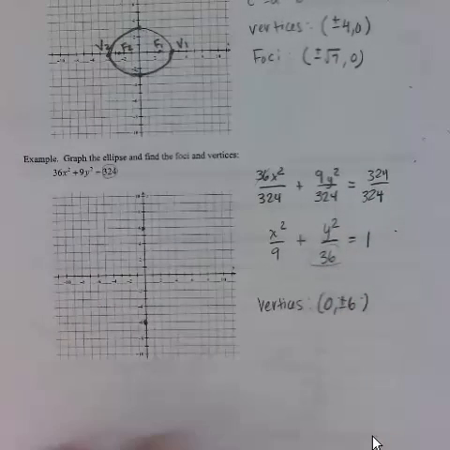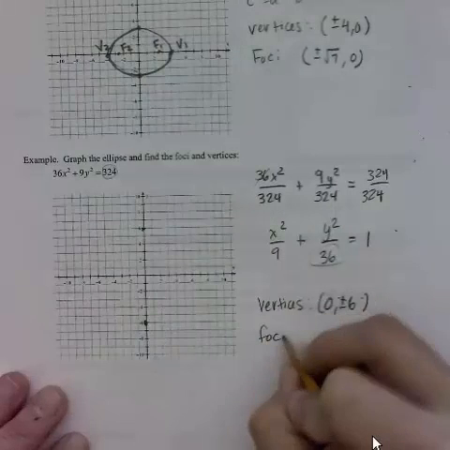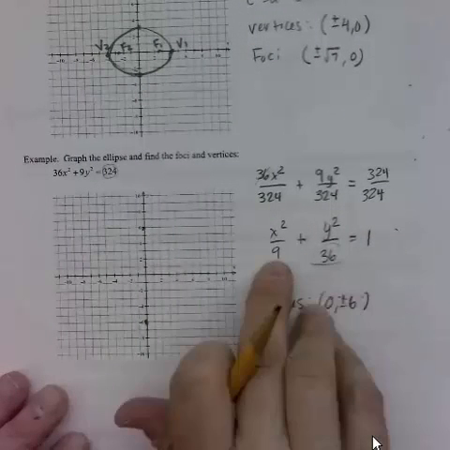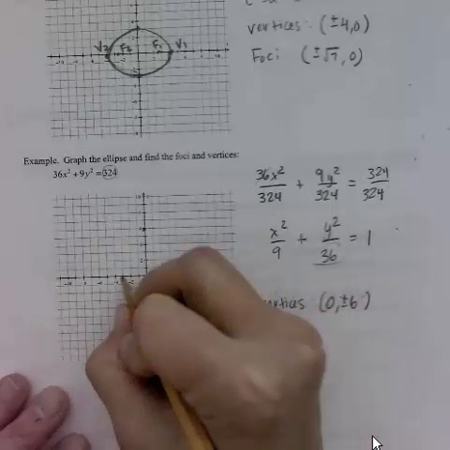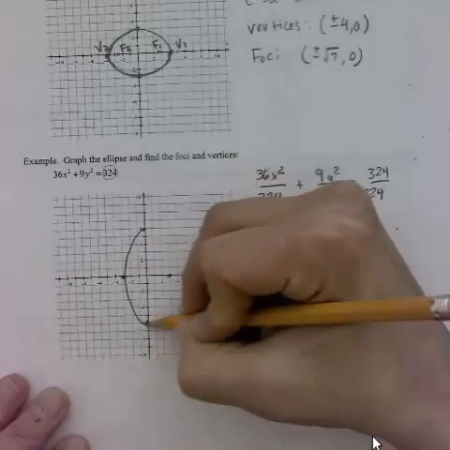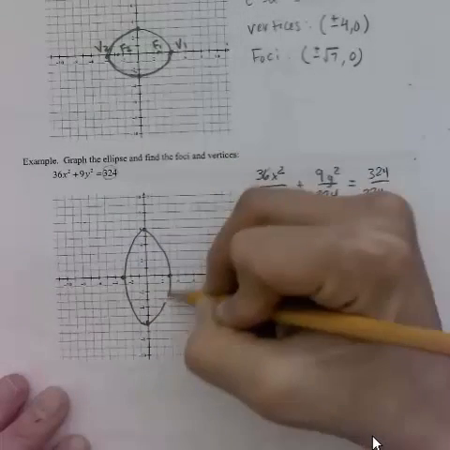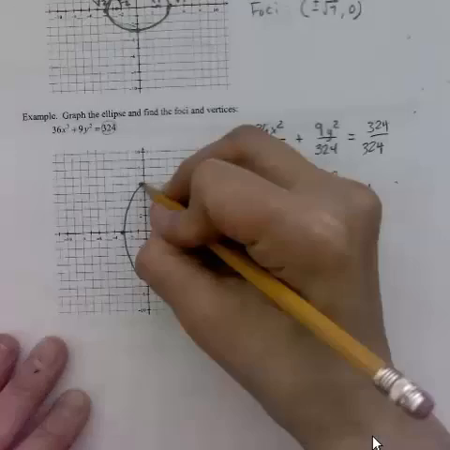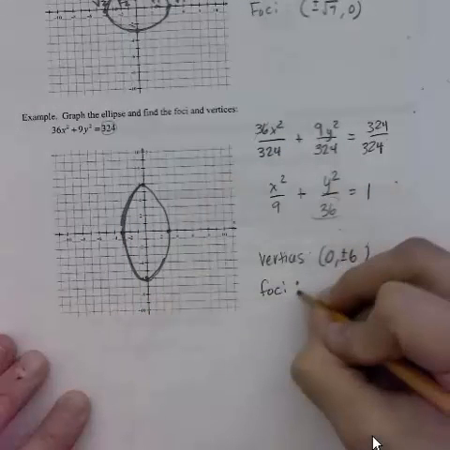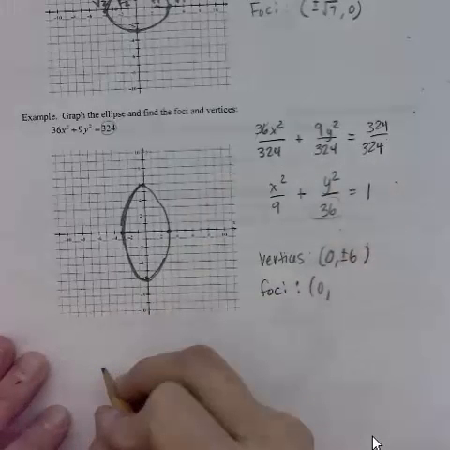All right, and then the foci. Actually, I'll finish the graph first. So plus or minus 6, and then square root of 9 is 3. So plus or minus 3 for the minor axis. And we got those points. And then here's our ellipse. And for the foci, of course x is 0, we need to find the y coordinates.